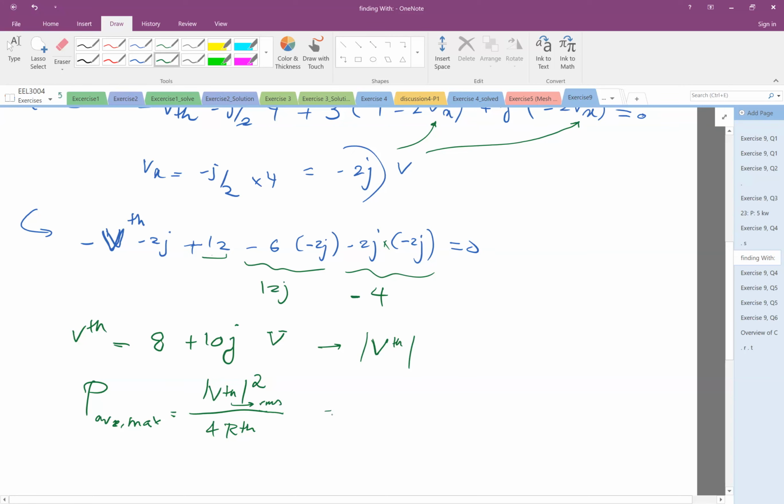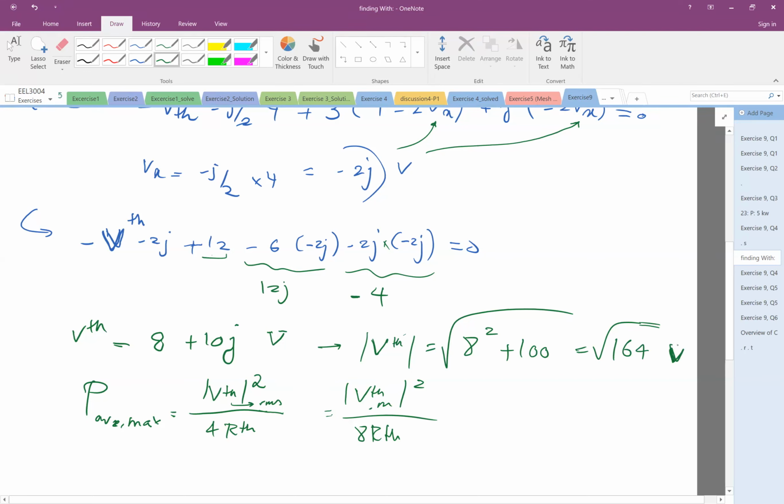If it's maximum, V Thevenin max squared divided by 8 R Thevenin. So in this case, if I find the magnitude, which is the square root of 8 squared plus 10 squared, square root of 164, that's the maximum. So I can use this formula.